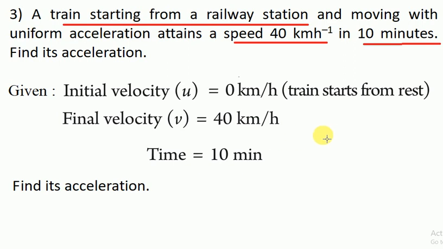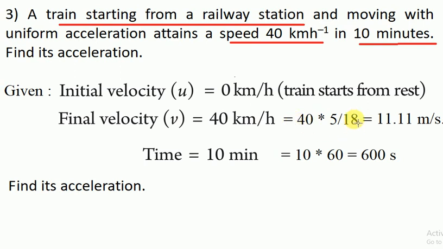To do that, we will multiply by 5 by 18. Then after conversion, we will get the final velocity as 11.11 meter per second, and time is equal to 600 seconds. We will just substitute the values in the formula to get the final answer.